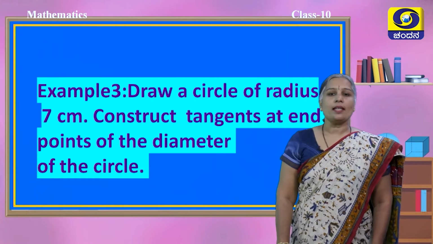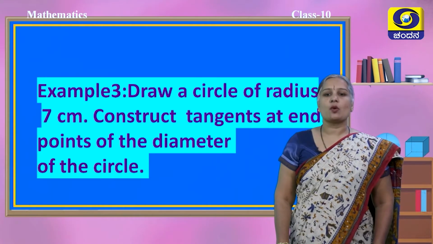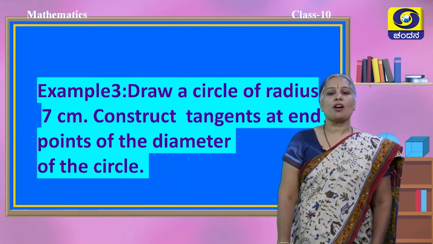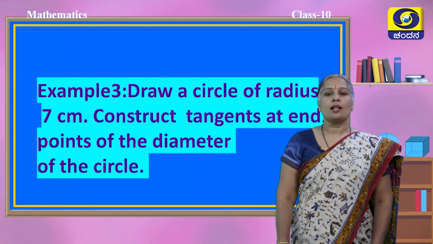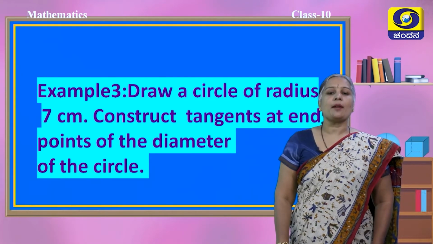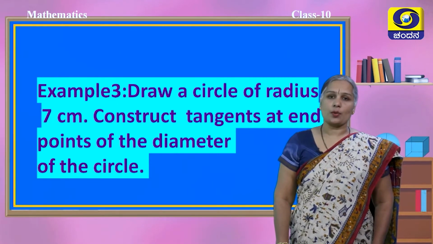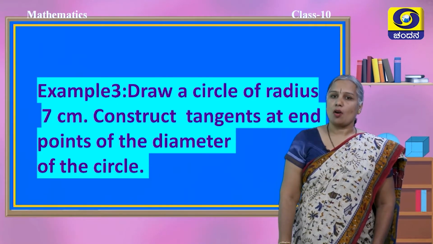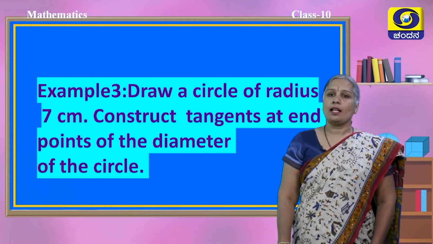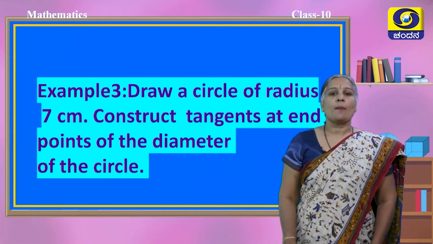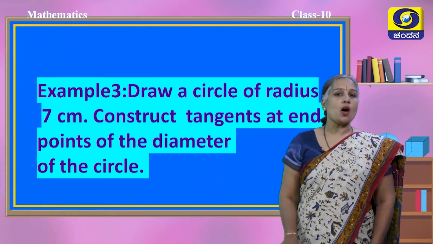Now we'll see the next example. The example goes like this. Draw a circle of radius 7 cm. Construct tangents at end points of the diameter of the circle. Students, here you have to construct a circle of radius 7 cm like the previous example. Then you have to draw a diameter.